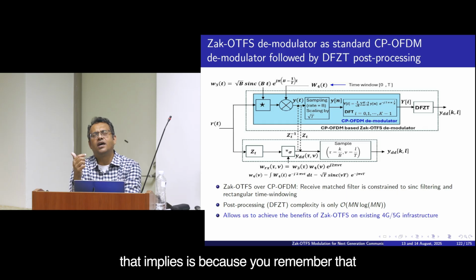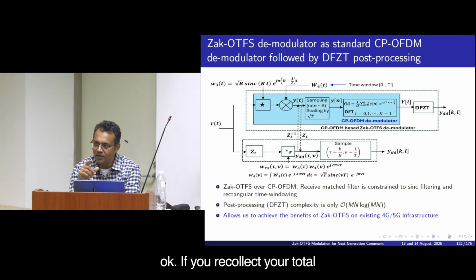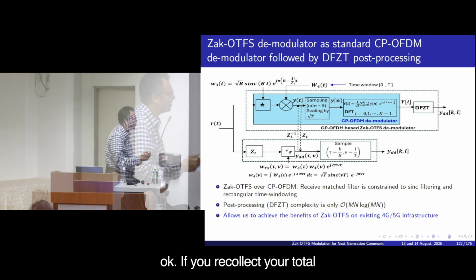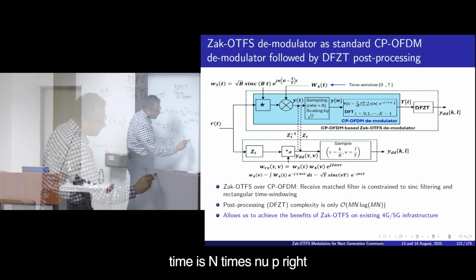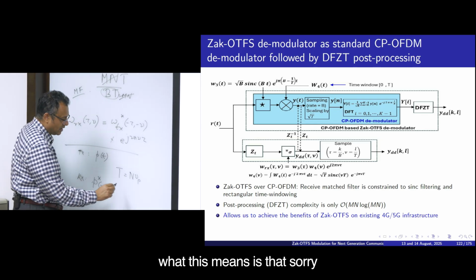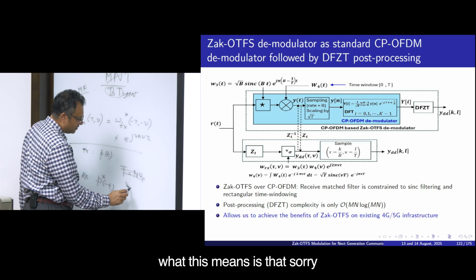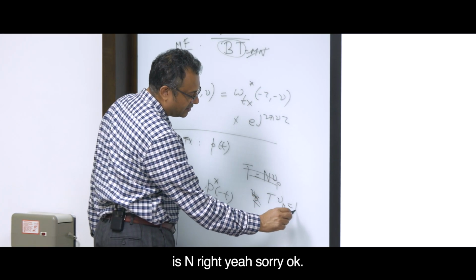And what that implies is, because you remember that your Doppler period, which is nu p, if you recollect, your total time is n times nu p, right. What this means is that, sorry, this is wrong. Your T times nu p is n, right?